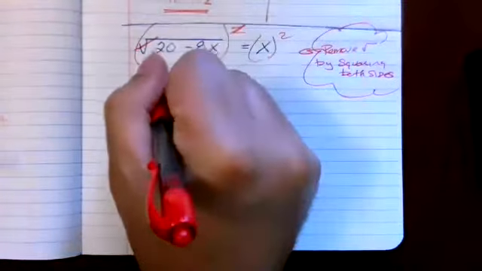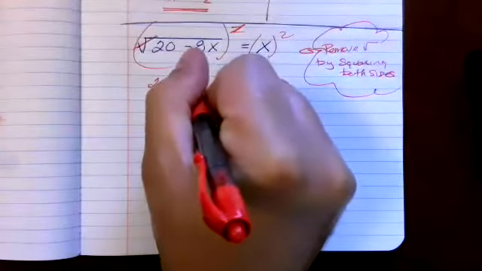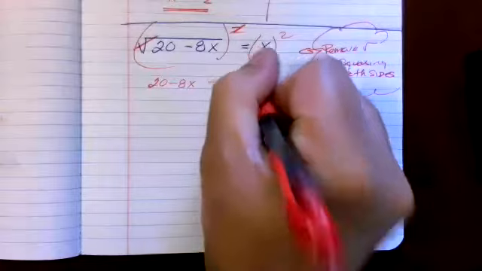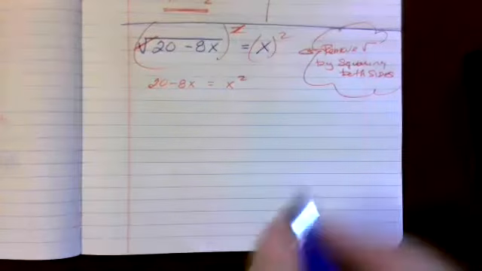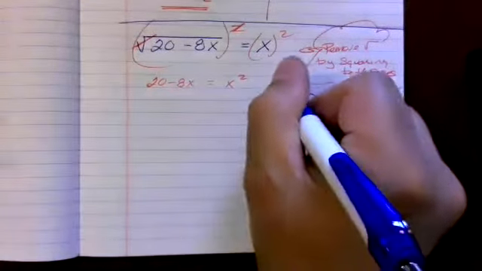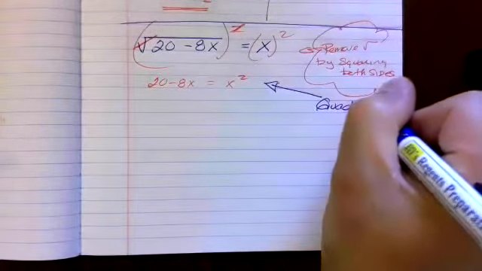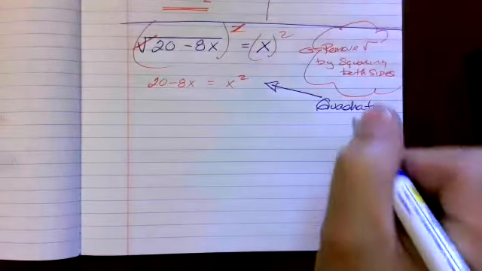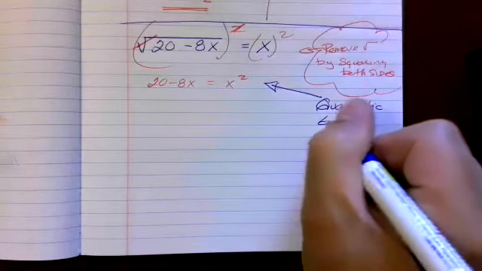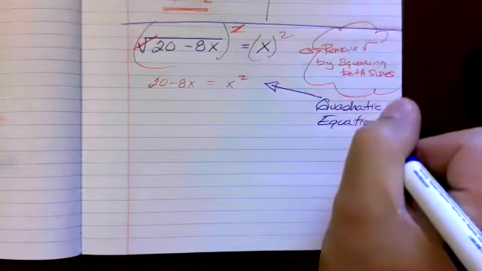I know a square root and a square cancel out, so I'm going to have 20 minus 8x is equal to x squared. I notice that this is an x squared, therefore this is now a quadratic equation.